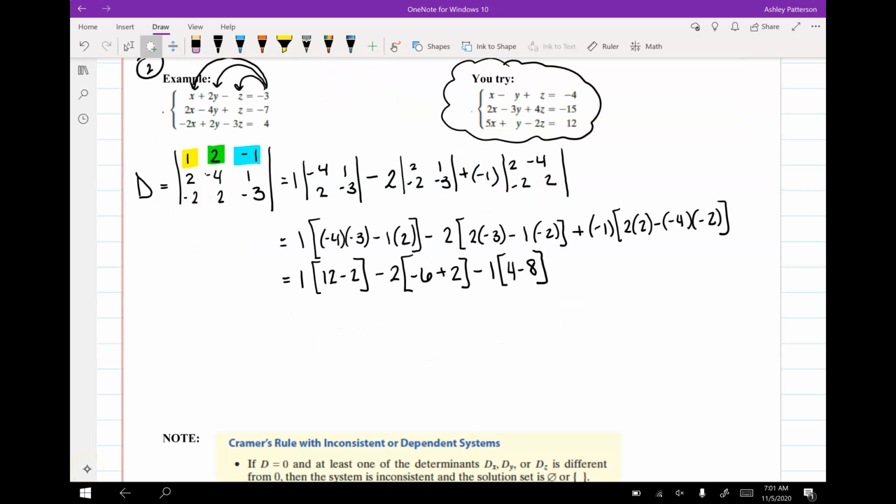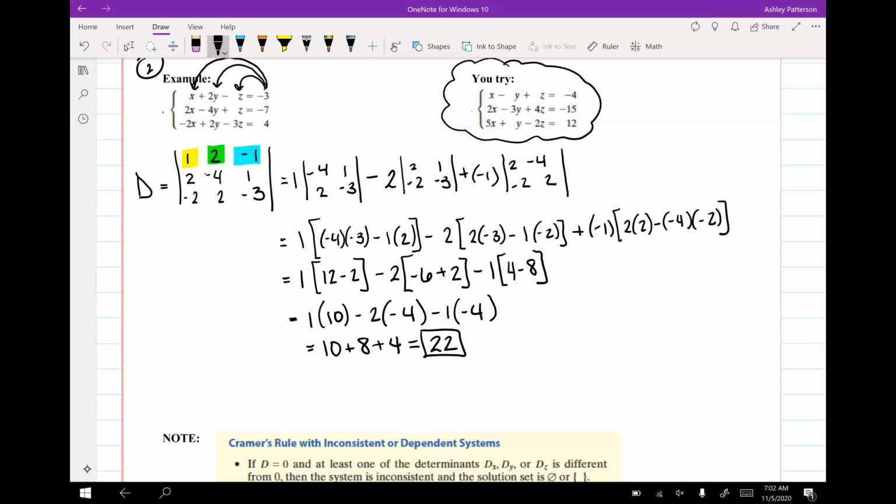Then keep going. Oh gosh, pen. Okay. Then we get 1 times 10 minus 2 times -4 minus 1 times -4. Almost there. 10 plus 8 plus 4, and our final answer is 22. So that's the determinant of the coefficients.